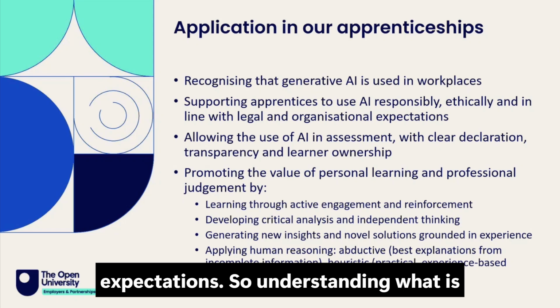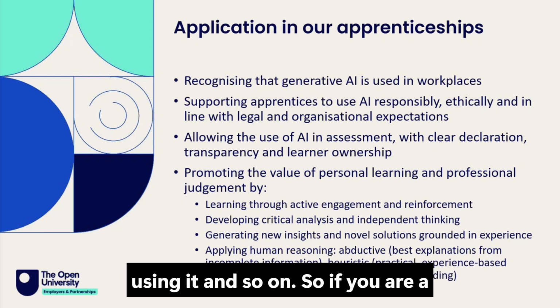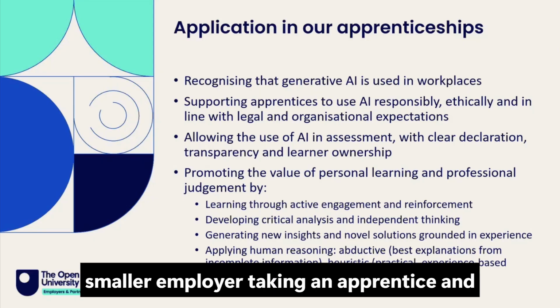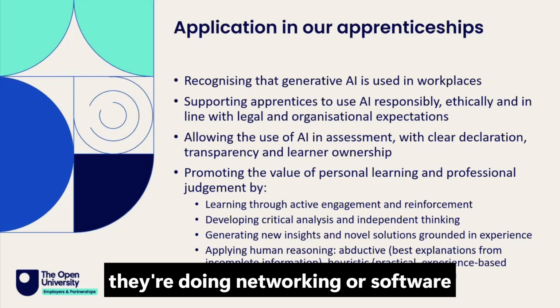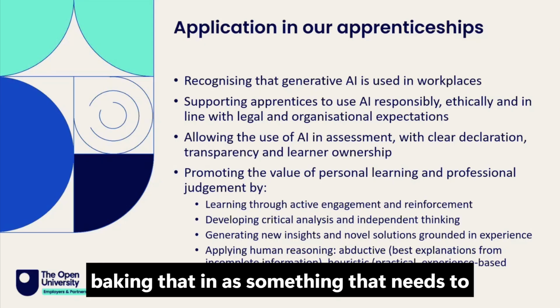So understanding what is this AI thing, what are the risks of using it, and so on. So if you are a smaller employer taking an apprentice and you've not tackled this yet, even if they're doing networking or software development or whatever with us, we're baking that in as something that needs to be covered.